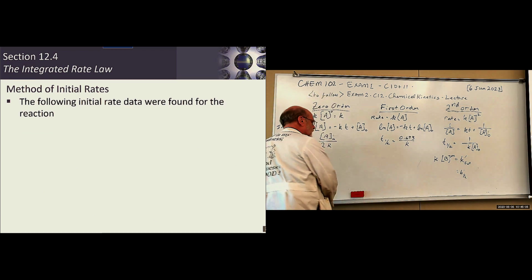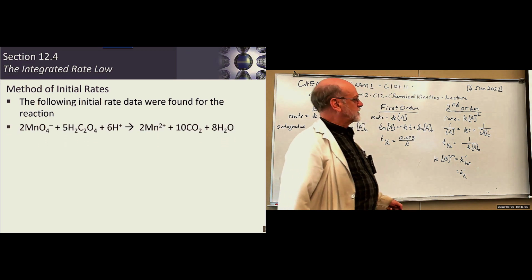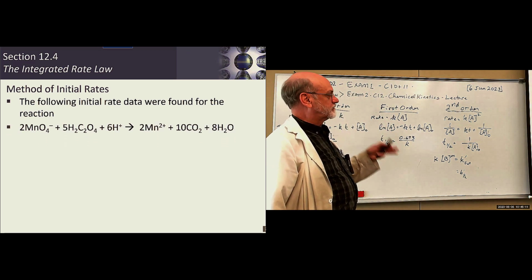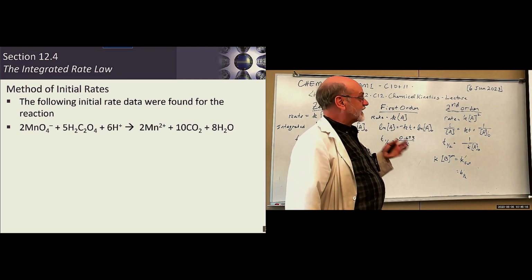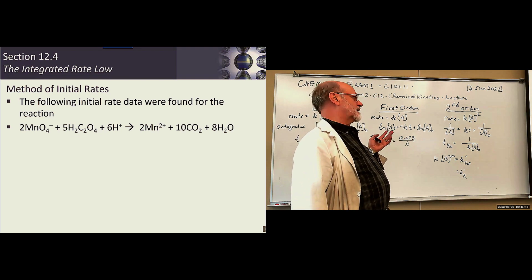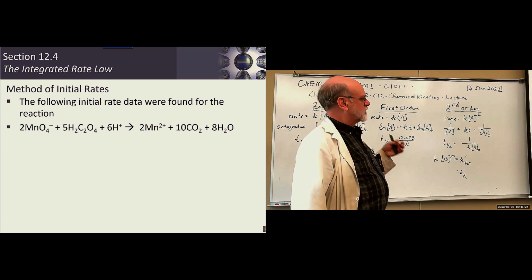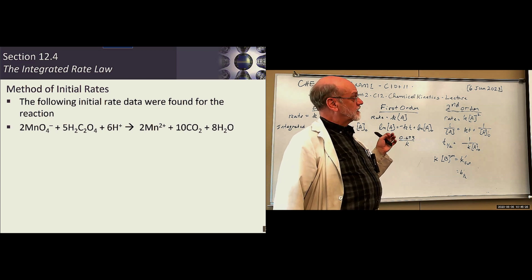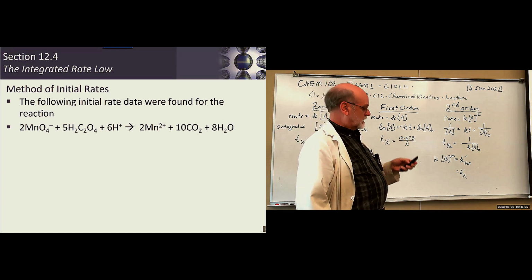Okay, so if we have this initial rates data for a reaction, and I know it looks complicated, but you've got the manganate ion plus oxalic acid, I think, and then extra hydrogen ions, and the products are manganese 2, carbon dioxide, and water.